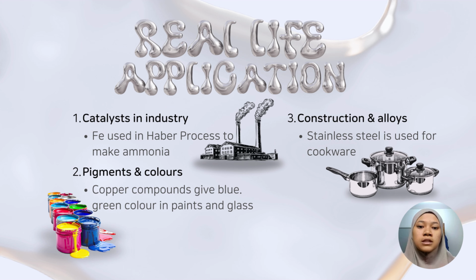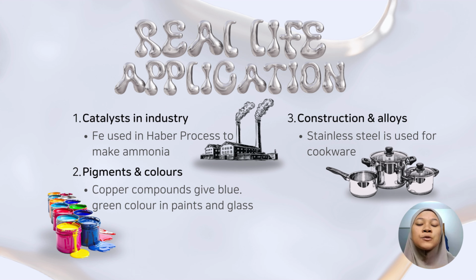Next, transition metals are also important in pigments and color. Copper compounds are usually used to produce green or blue color in some products. This color can be found in paints, ceramics, and also glass to give them an attractive and vibrant appearance.